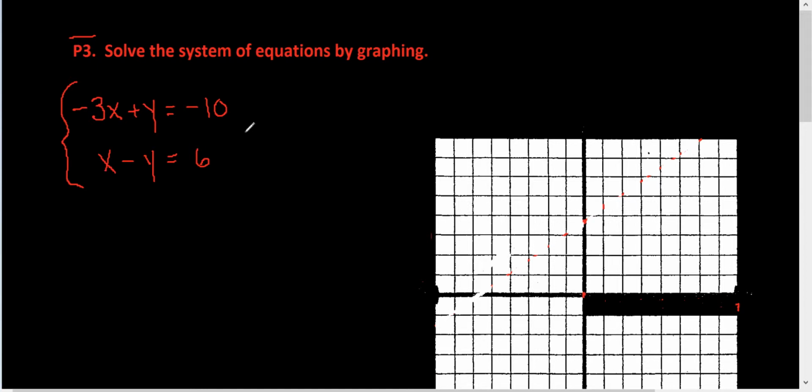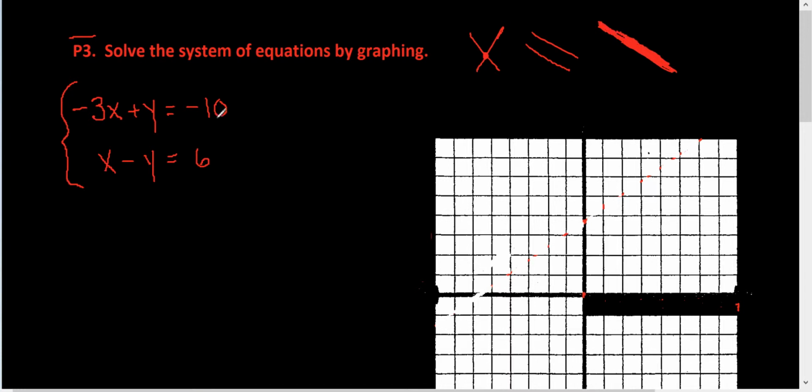What we have to do here is graph these two lines on the same grid, and we will watch for whether they cross somewhere to give us a solution, or they're parallel, so they never cross, which indicates no solution, or they're the same line, like a line on top of each other, which indicates infinitely many solutions.